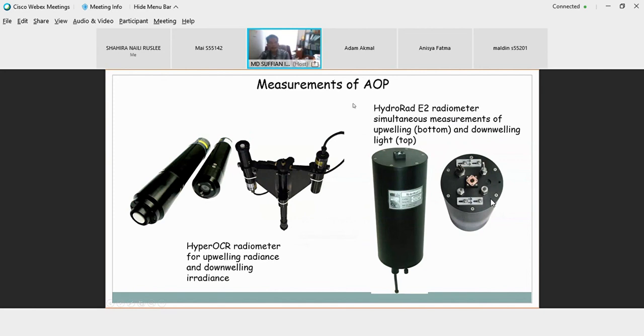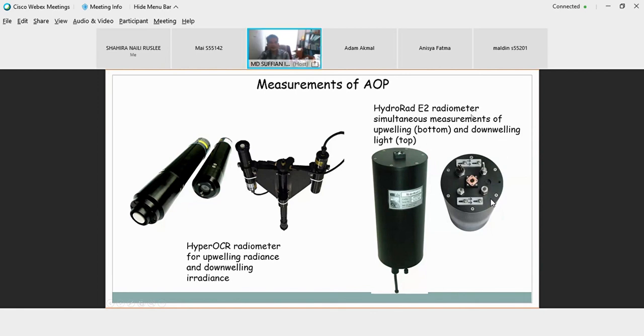And then measurement of AOP, apparent optical properties, especially radiance and irradiance, upwelling and downwelling irradiance. So we have a hyper OCR, ocean color radiometer, for upwelling radiance and downwelling irradiance. Ini yang kita ada. Dia ada dua. Satu untuk ukur downwelling irradiance, satu untuk ukur upwelling radiance.